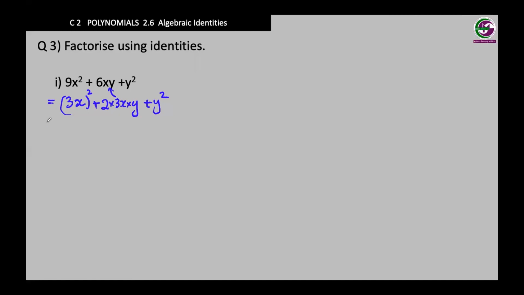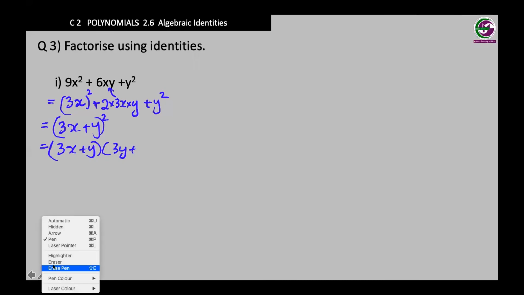Yes, it's correct. And the identity is 3x plus y power 2. But when you are asked to factor, we have to write 3x plus y times 3x plus y. That's it. Let's see the next one.